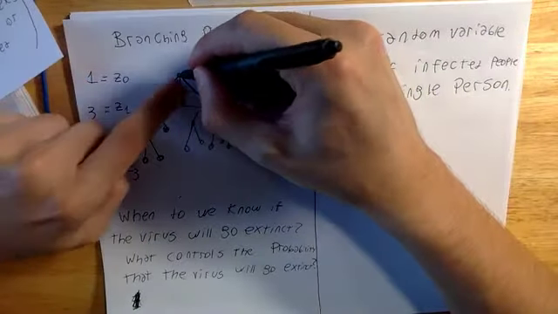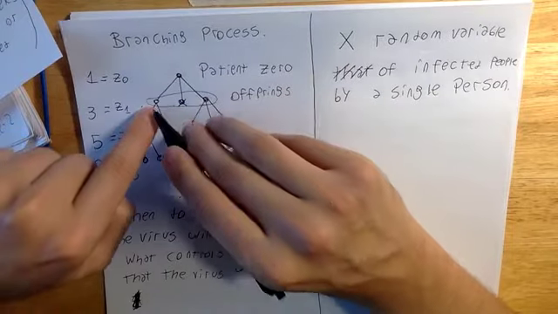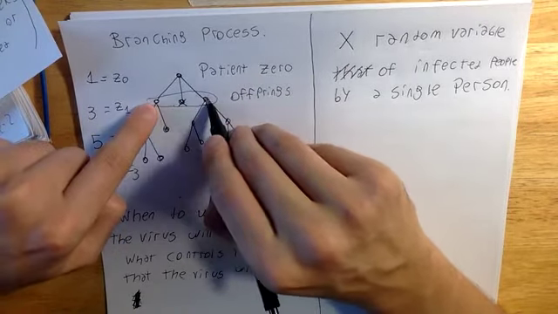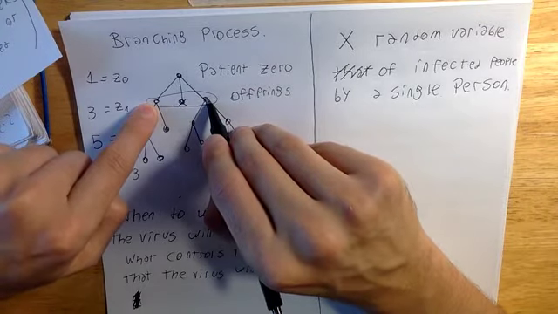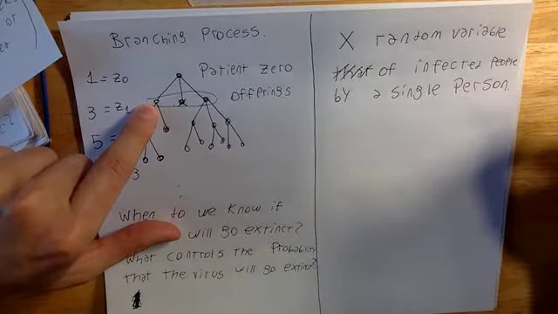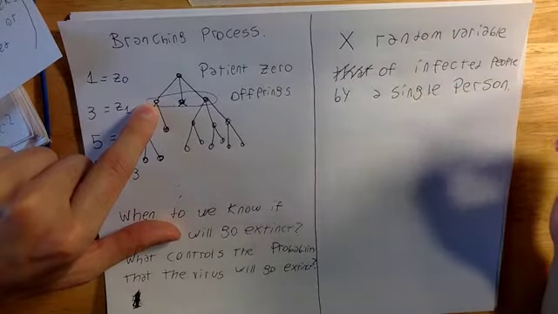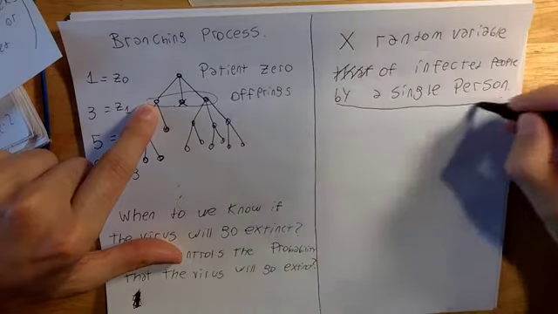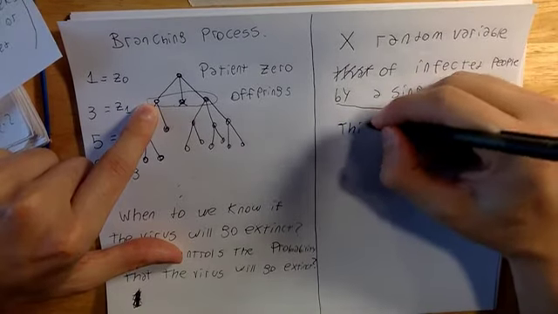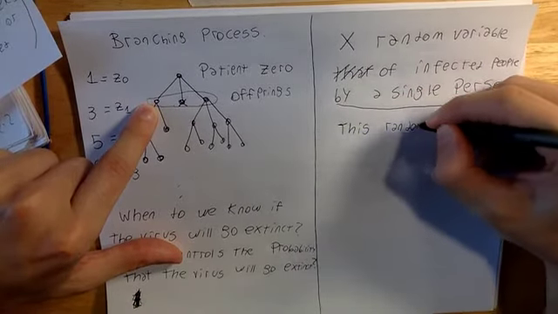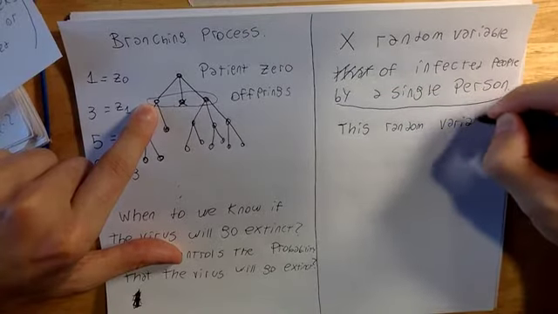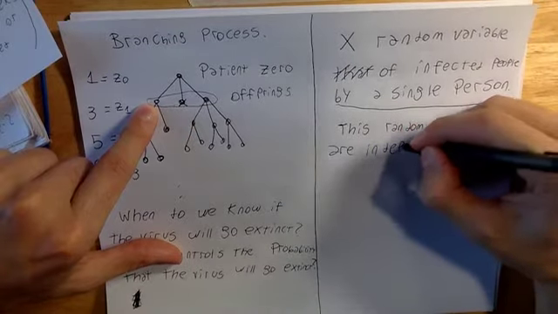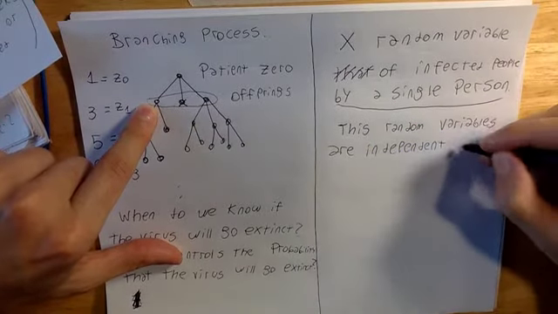So X is the random variable of affected people by a random person. In this case, we have an X for patient 0, which is 3. Then we have an X for each one of them. One of the things we're going to assume is that these random variables are independent for each person.